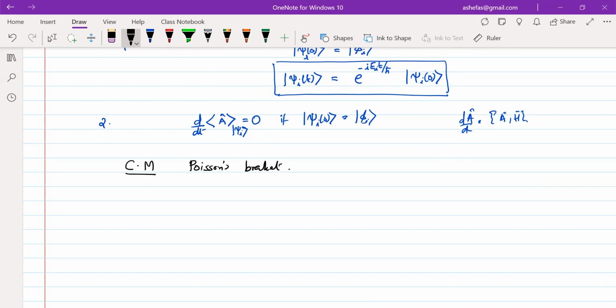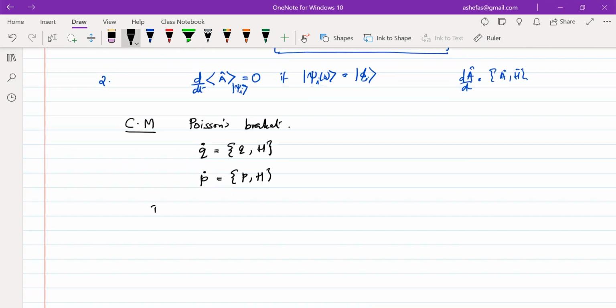In the Poisson bracket formalism, we can write Hamilton's equations as q dot equals the Poisson bracket {q, H} and p dot equals the Poisson bracket {p, H}. So in general, the time derivative of any dynamical variable, dA by dt, is the Poisson bracket {A, H}.